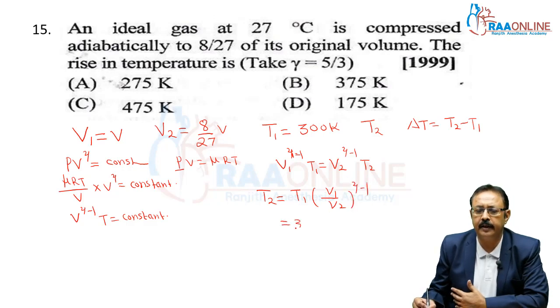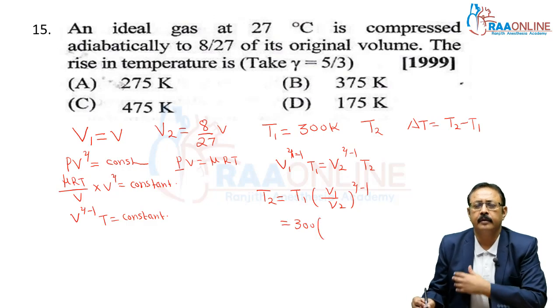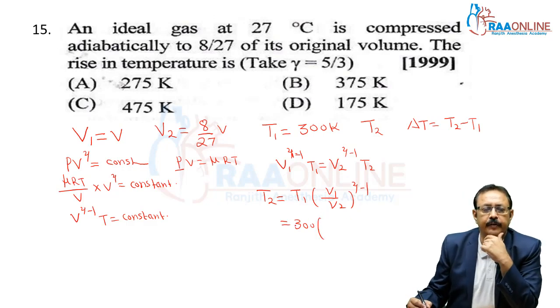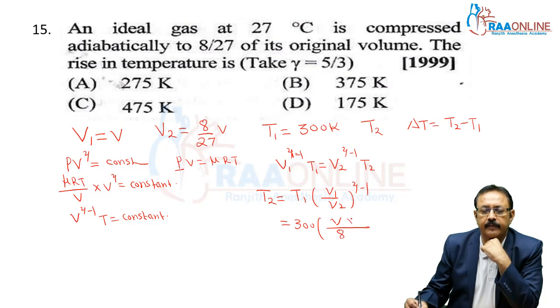T1 is given 300 Kelvin. V1 upon V2, if you divide V1 by V2, means V by 8 by 27 of V, raised to the power gamma minus 1. Gamma is given 5 by 3.